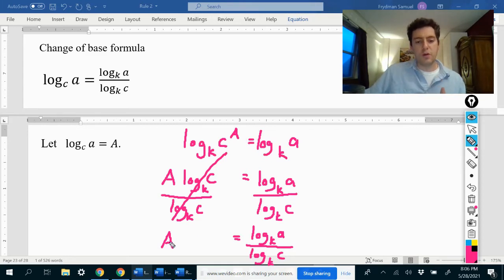All right, so anyway, now we're down over here. So we have a is equal to this. But remember what a is. A is just the log base c of little a.